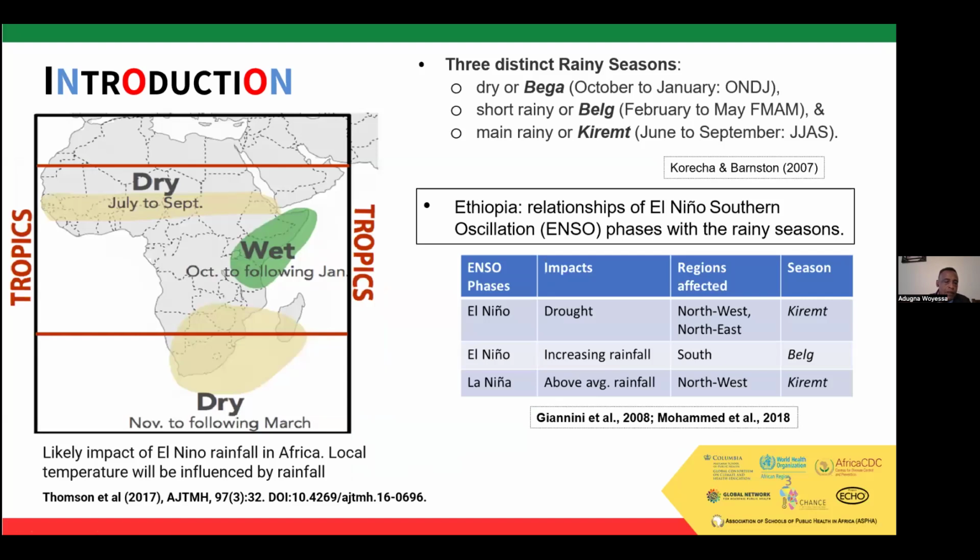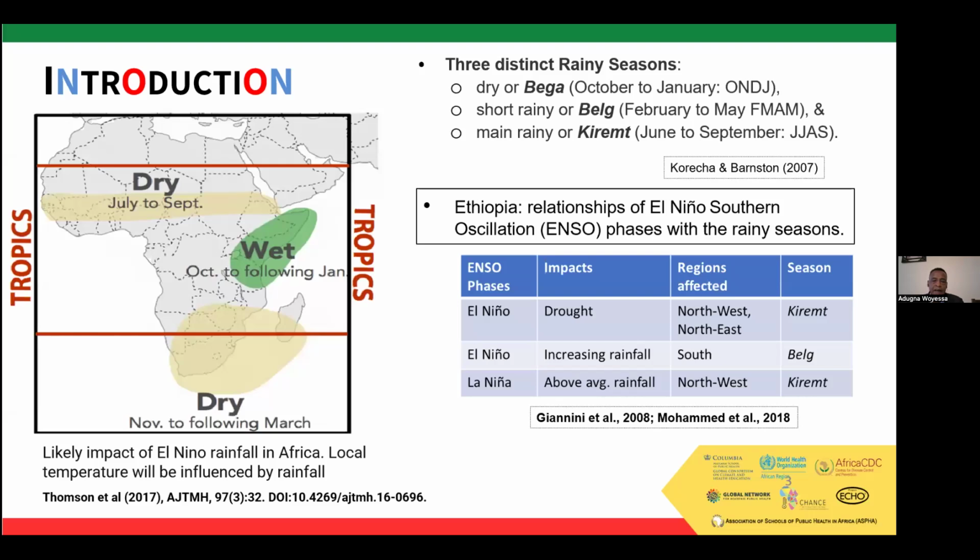Maybe to put some points about El Nino. El Nino affects certain parts of Africa, especially with dry situations from July to September in western and some central parts of Africa, wet conditions from October to January in tropical areas, and dry conditions from November to March.